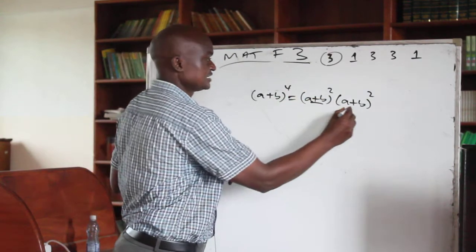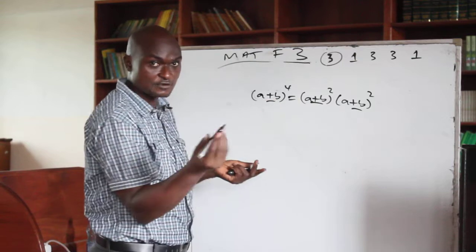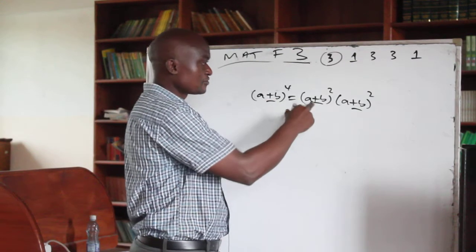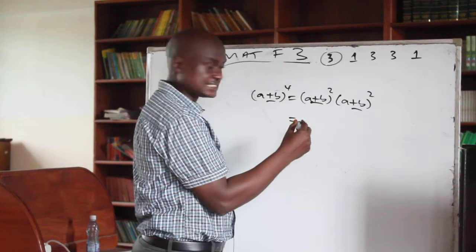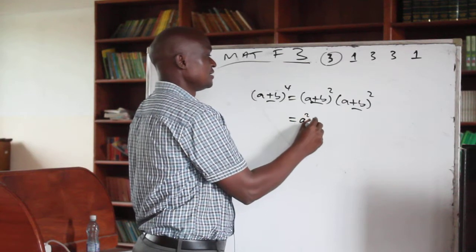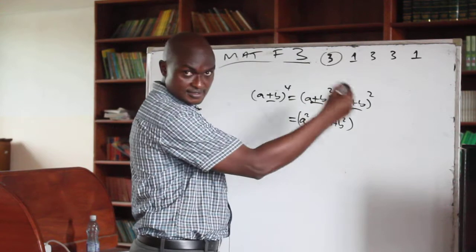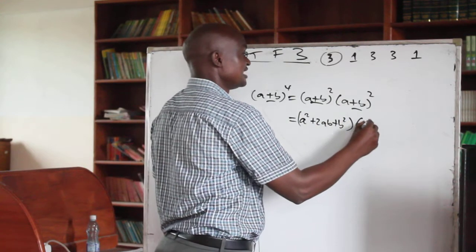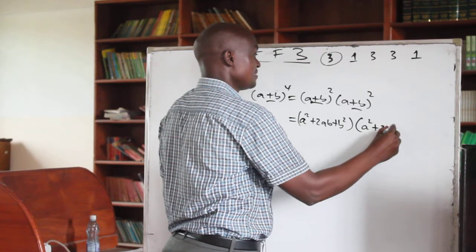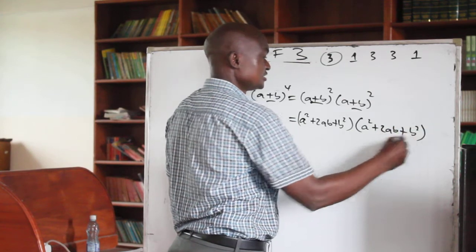The base number is the same. That's the laws of indices. And then you already know what a plus b power 2 is. It should be a squared plus 2ab plus b squared. And the other one will also be the same: a squared plus 2ab plus b squared.